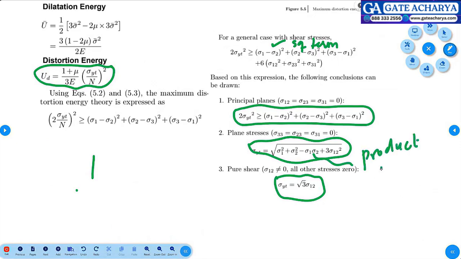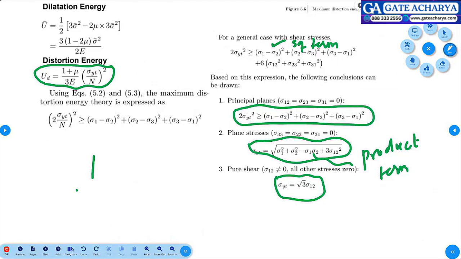Product term. So what will happen? Can anybody judge? When you square a value, minus 3 square is 9, plus 3 square is also 9. Then what is the significance of minus and plus? Do you really understand what I'm trying to say?